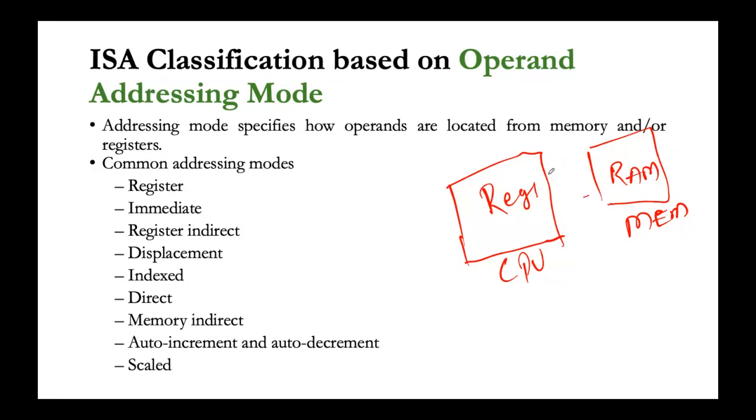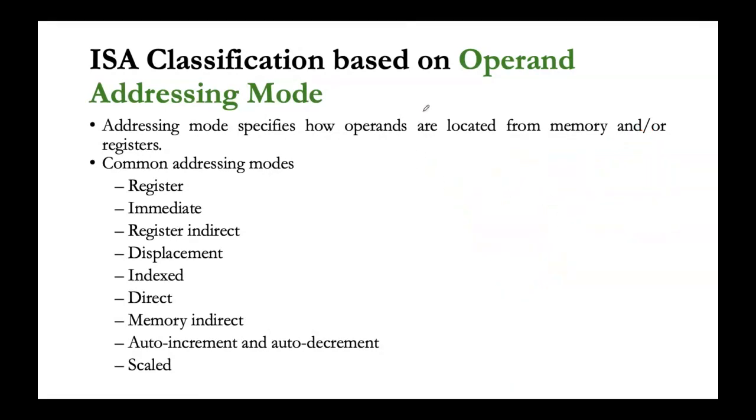So if the operands are within the register, then what will be the instruction design, and if the operands are in the memory, then what will be the instruction design. Today we see this based on the addressing modes.